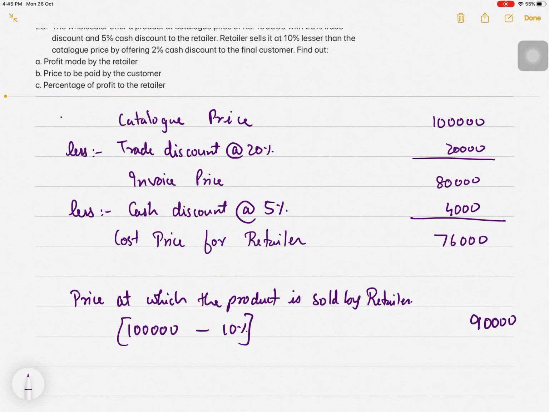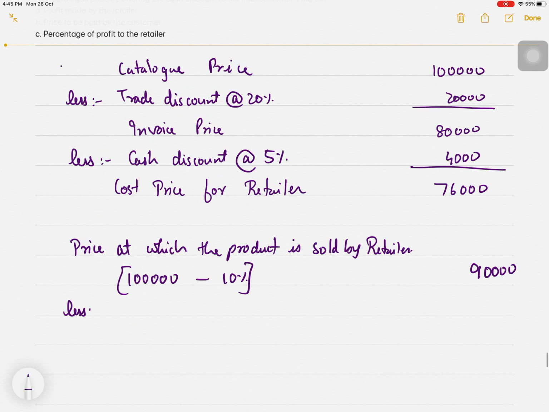So at 90,000 the retailer is ready to sell and he offers 2% cash discount.